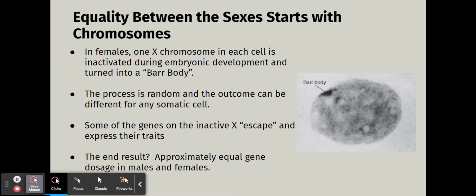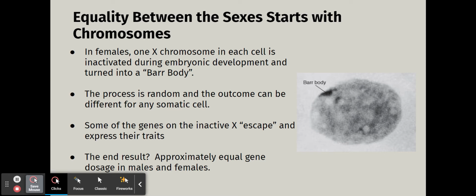Some of the genes on the inactive X escape. They're like the rebels and poets, and they're going to express themselves. They don't care that you crumpled them up into a ball. I want you to think of this like screenwriters in that movie script that we were talking about. They looked at a script from 2 different angles and decided which one to go with in the version of that film. The cell does kind of the same thing.